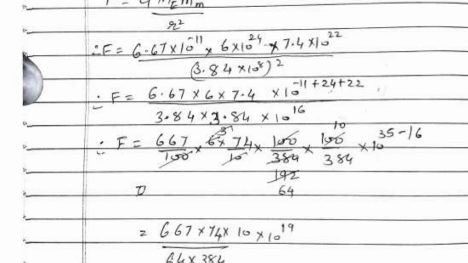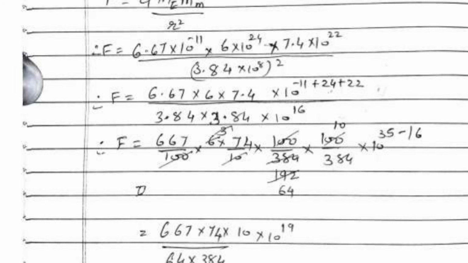Can I write in this way? 6.67 is 667 upon 100 into 6, so this is into 6, and then 7.4 can I write as 74 upon 10. Okay, now division is multiplication by its reciprocal, so 3.84 I can write down as 100 upon 384, because it is in the denominator, so 100 goes up. Again it is the second 3.84, so I will write down 100 upon 384. Okay, and here the answer came to 35.